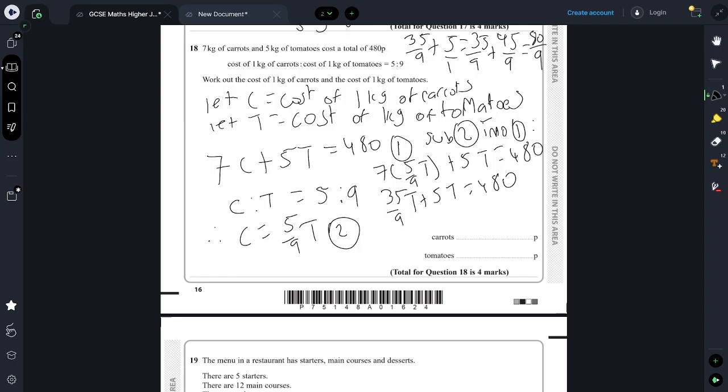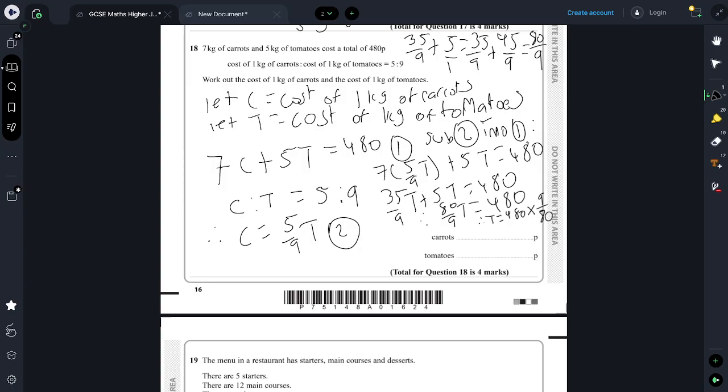Cool. So that means 80 over 9 T is 480, which means T is 480 times 9 over 80. If we want to get rid of this fraction, times by the reciprocal, 9 over 80.